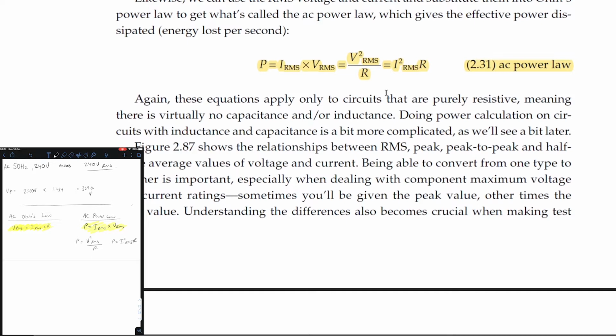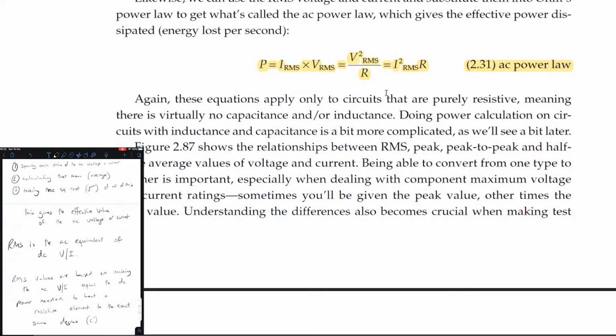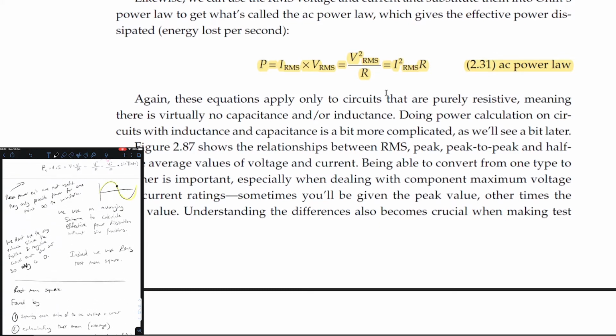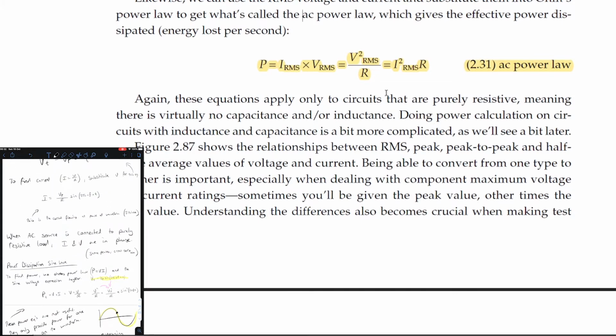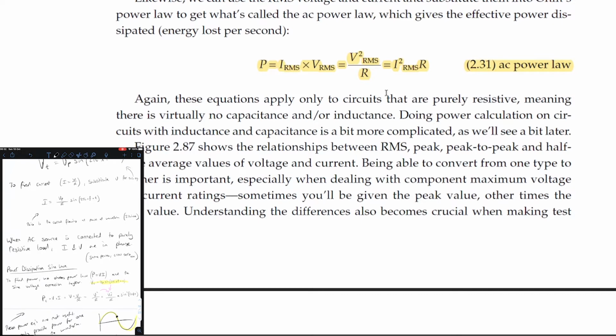Okay. I remember writing that up here. Let's have a look. I wrote something similar, but I didn't know that's what it meant. When AC source is connected to purely resistive load. Okay, so I didn't know that a resistive load means it only has resistance.